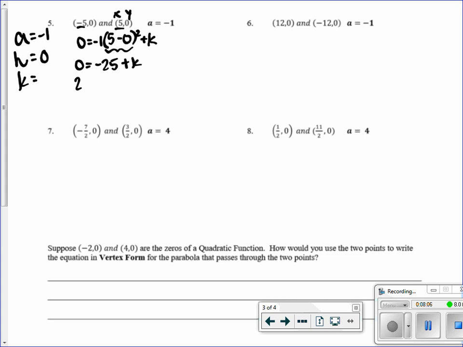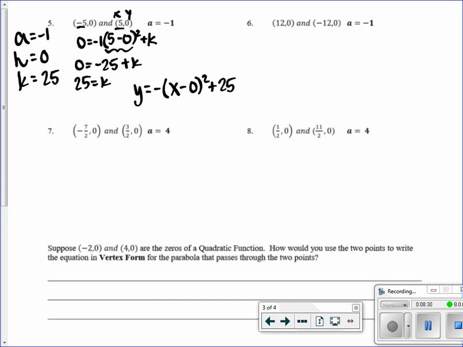So add 25 on each side, so K is 25. There's our K value, which means we can now plug in y equals, A is -1, so we can put a -1 or just a negative sign, and then (x minus 0) squared plus 25.